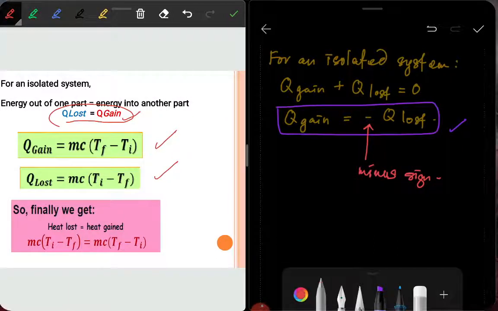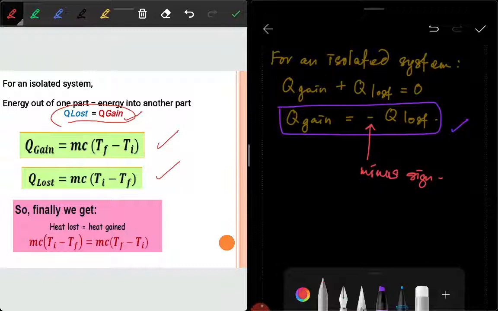So you should know heat gain. Heat gain is equal to mc delta T, where delta T here is final temperature minus initial temperature. For the heat loss, the difference is heat loss is equal to mc delta T, and then here is initial temperature minus final temperature.